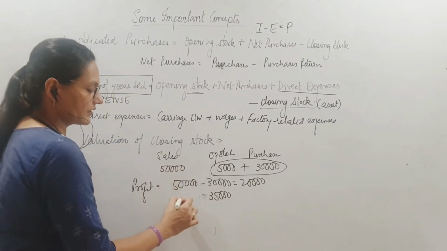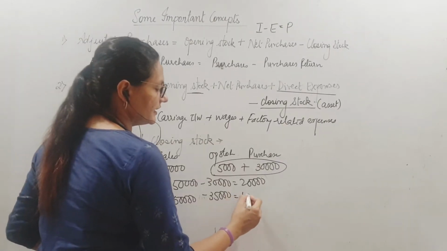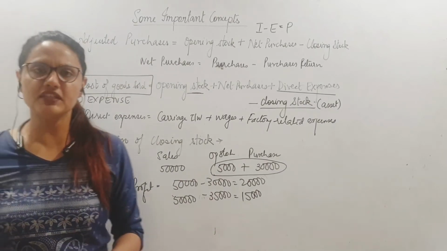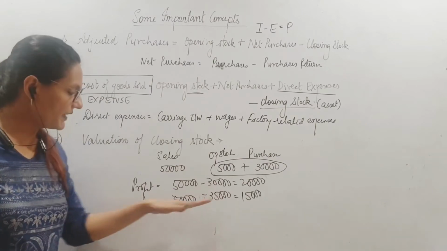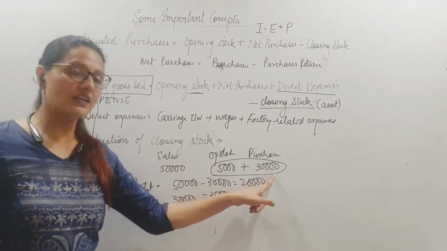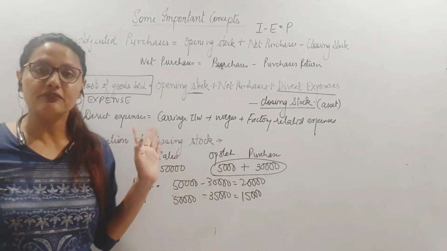That you should subtract from at what price you could sell those goods. So basically, your profit is not 20,000, it is 15,000. Goods kitne ka becha? 35,000. Compare that with 50. You did not sell goods worth 30 at 50. You sold goods worth 35 at 50.